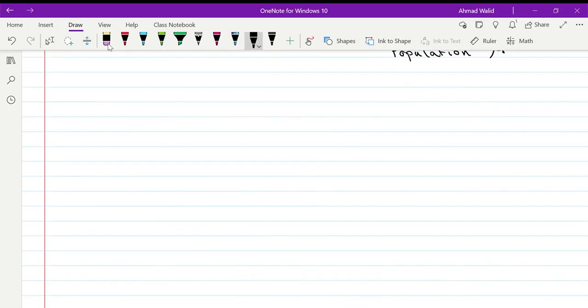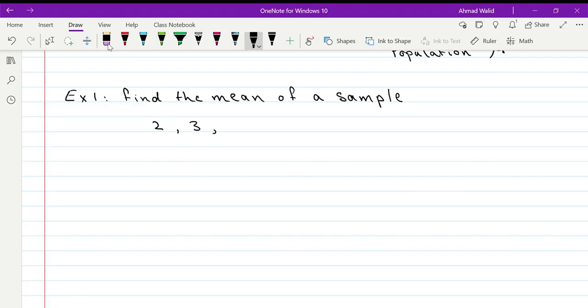Now, let's do an example. Example number 1. Find the mean of a sample: 2, 3, 5, 1, 7.